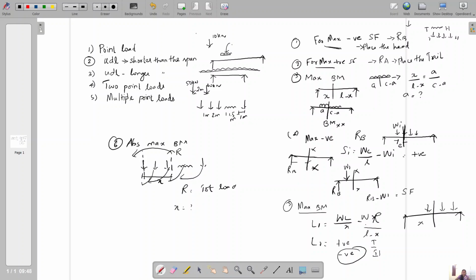You will have the x distance, so you can identify which load is nearer, whether this point load or this UDL. So you identify the critical load, measure the distance between the critical load and the resultant, divide it by 2, and place the critical load and the resultant at equal distance from the center.